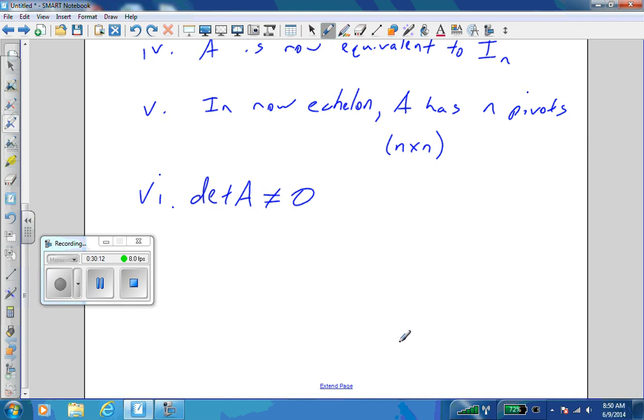So that pretty much sums up all the properties and ideas that we need to deal with in section 1.8 about finding inverses.